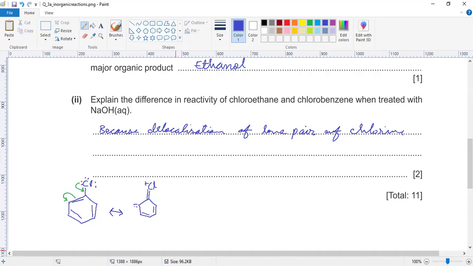What does it do? With the pi electron system in benzene, it makes or creates the carbon chlorine bond much stronger.